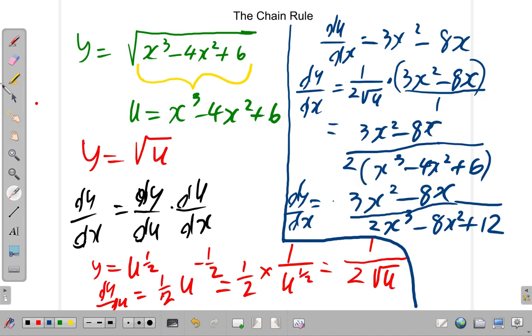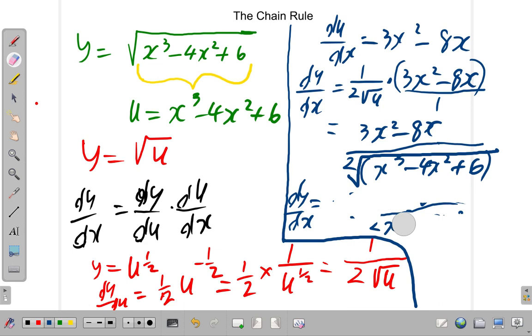So the square root of u, I had left off the square root of u earlier. Should put it there. But then if we have the square root of u, then you wouldn't be able to multiply by the 2 times all this. So I left off the square root earlier.